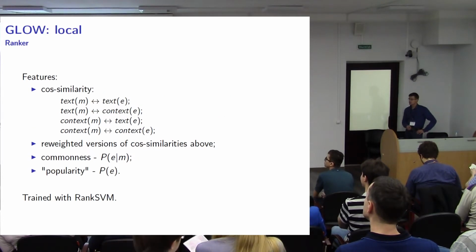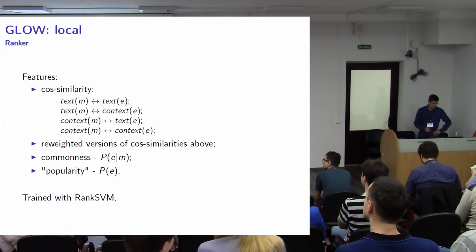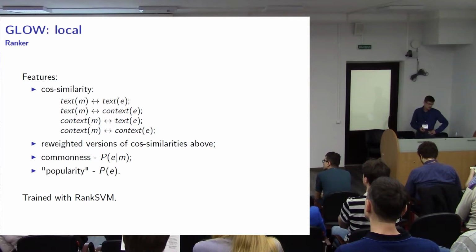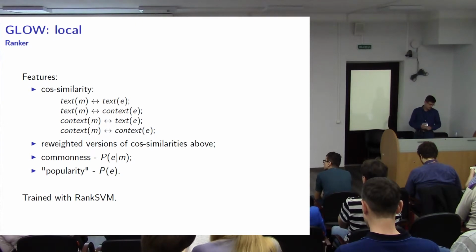After that, we can compute a number of features. In fact, we create all pairs of these kinds of contexts for the mention and the concept under consideration, and we compare them with cosine similarity. This is at the top of the slide. Then we can compute weighted versions. We can compute commonness.